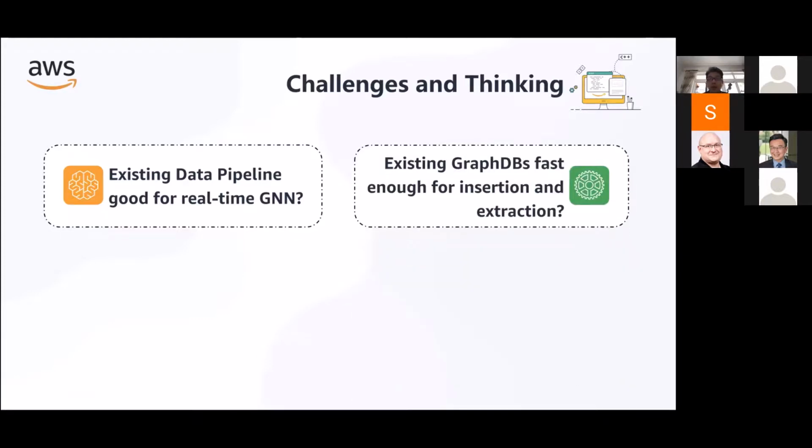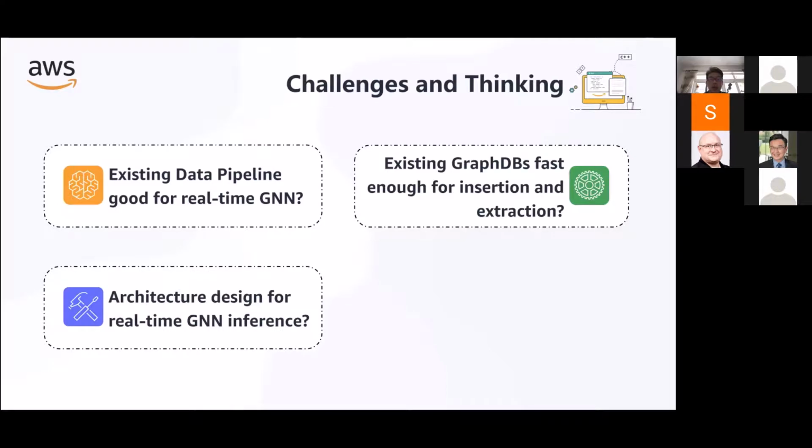And for some system researchers, do we have a fast enough graph database to insert and extract the ego network? And for practitioners, the architecture design for real-time inference is another challenge. I didn't see a very good reference architecture available for this kind of topic.